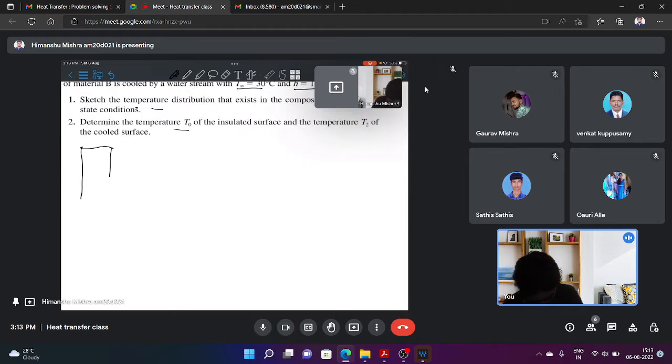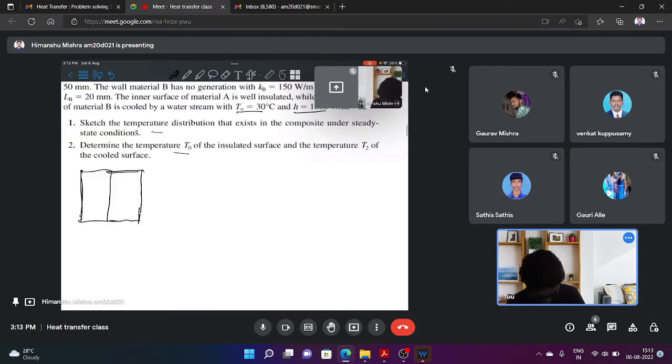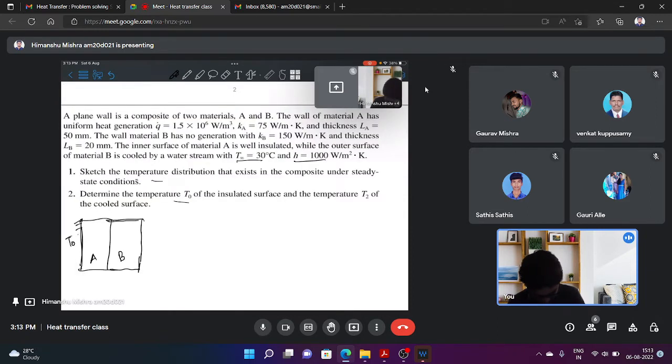So we have a wall. Let's say this has material A and this has material B, and here I have a temperature T naught and this side is insulated.